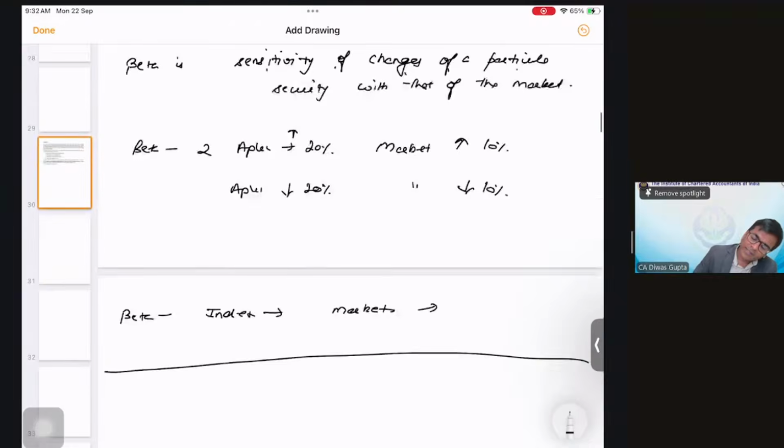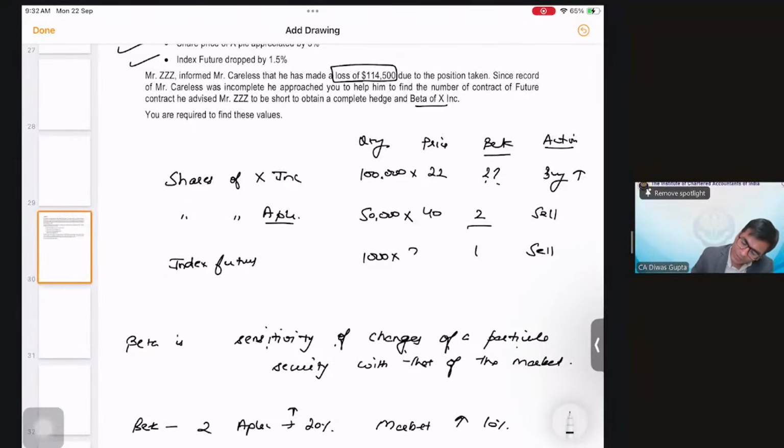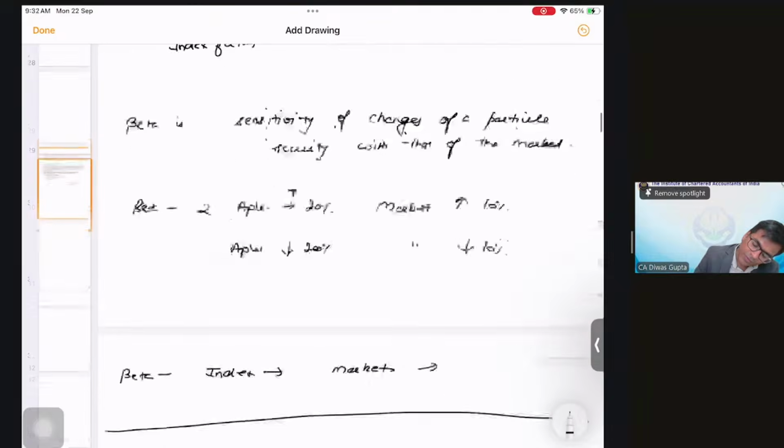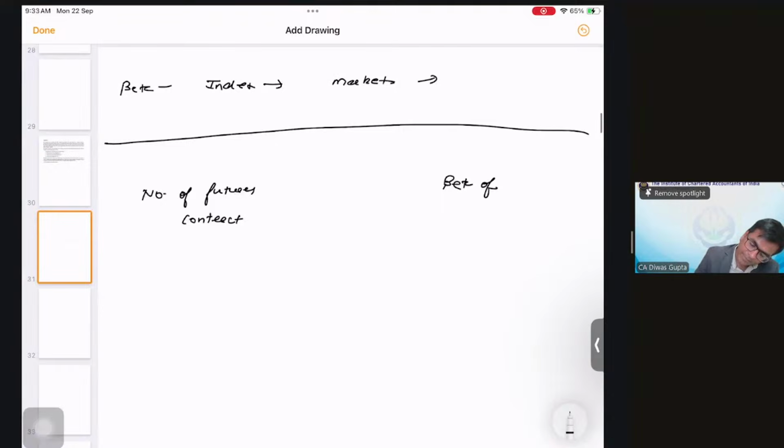One is the number of futures contracts, and second is the beta of X Inc. Clear, students? And it has given you some broken pieces of information.